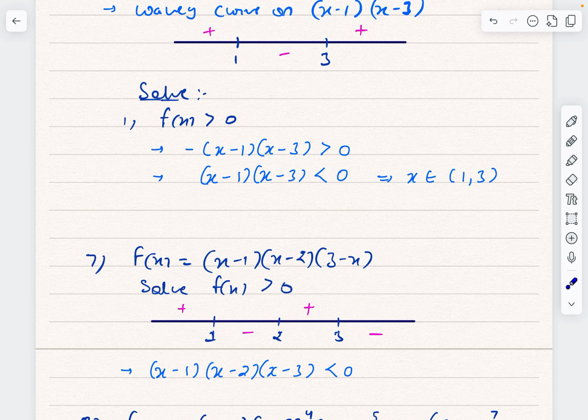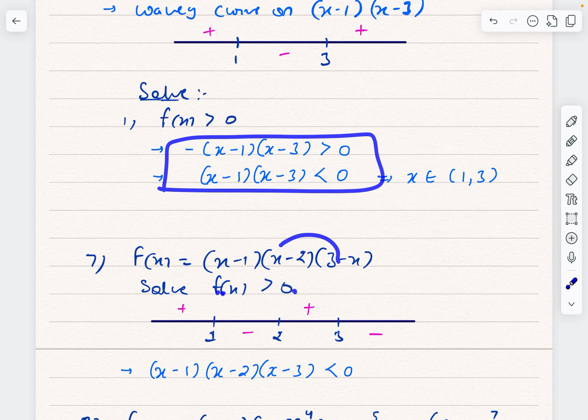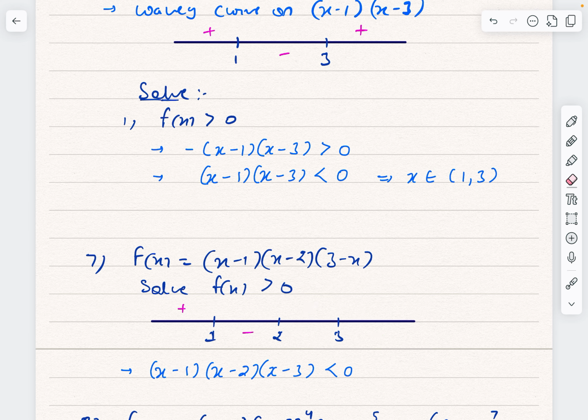It's like in the previous one I did here: I take this negative outside, then multiply by minus 1 on both sides, so it becomes less than 0, and the wavy curve we use on the normal expression only.